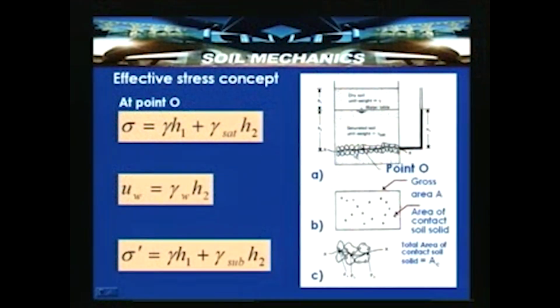Now, let us consider once again a point O in a particular location in a strata having saturated soil, and XX is the wavy plane passing through the contact points. In this diagram, F1, F2, F3, F4, and so on to Fn are the forces acting at the contact points.